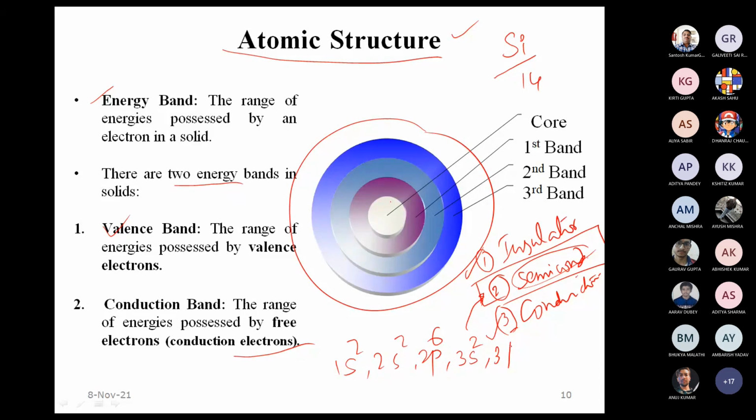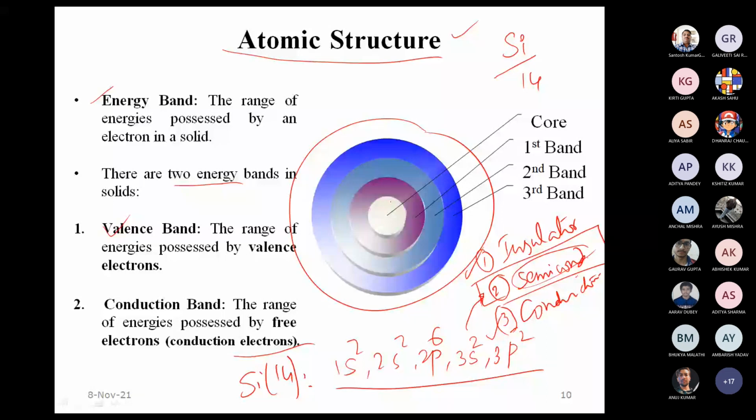I think it should be correct. So the electronic configuration of silicon, atomic number 14, is 1s2, 2s2, 2p6, 3s2, 3p2.